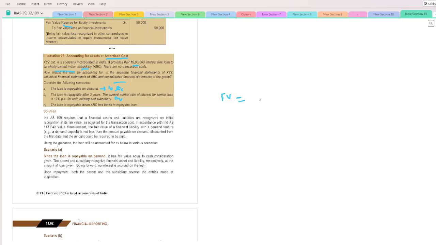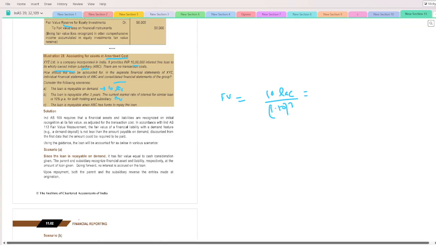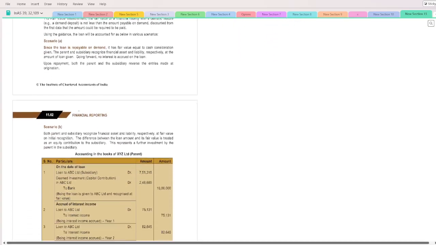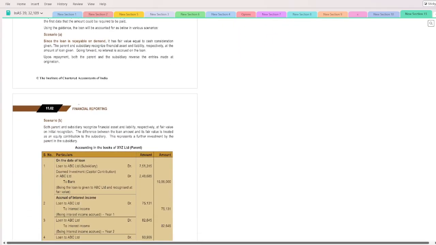The first year no interest, the second year no interest, directly you will be getting 10 lakh at maturity, and this you need to discount by 1.1 raised to the power 3. So it will be coming to 751315.